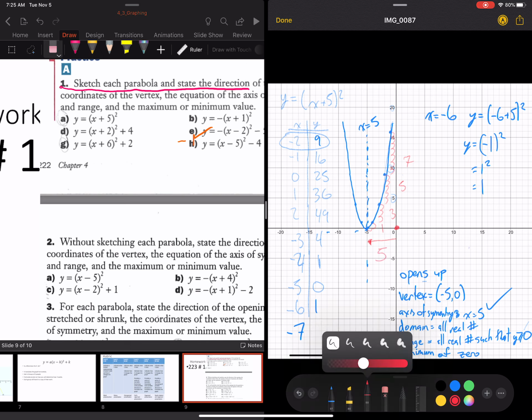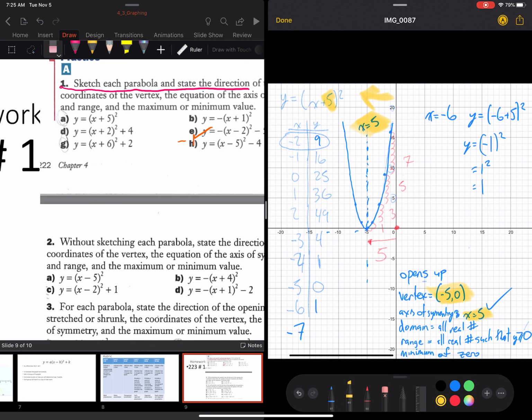If you look at the equation, look at that 5 value. If it says x plus 5, it's going to be shifted in this direction by 5. That is our horizontal shift. It shifts the axis of symmetry and the vertex, but it doesn't change the range or the domain.